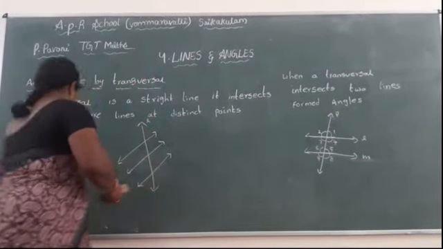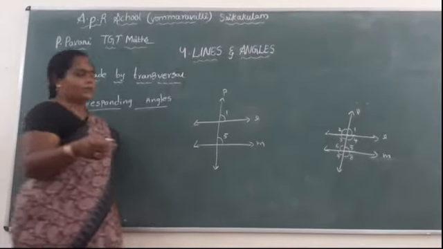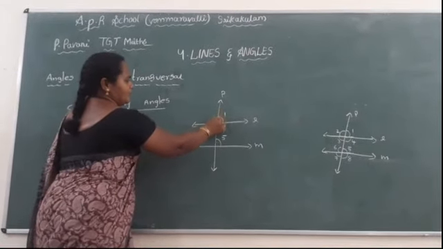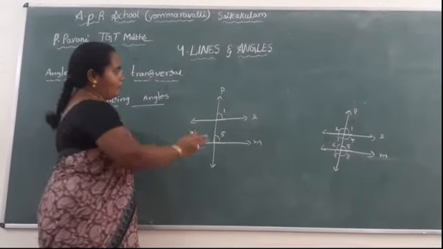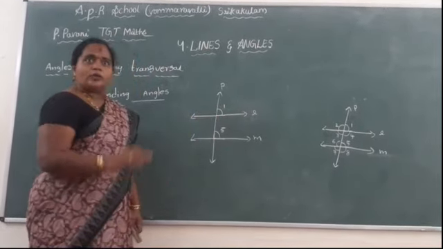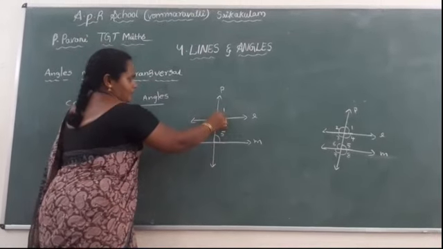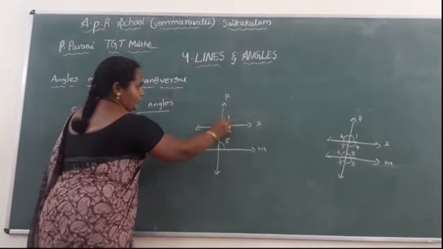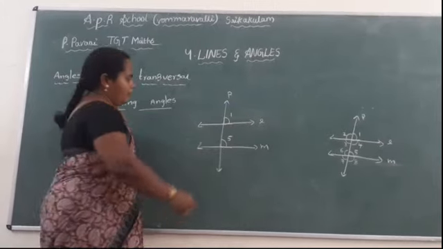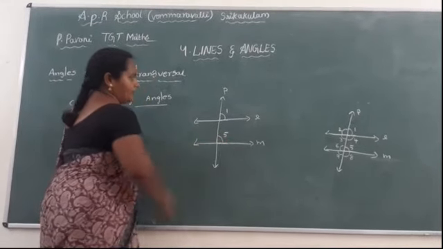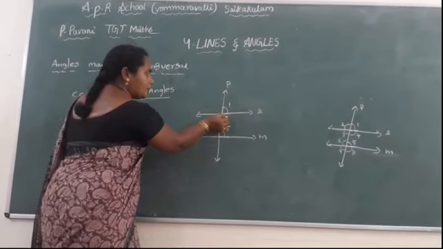Corresponding angles means two angles on the same side of the transversal, where one is exterior and the other one is interior, but not adjacent.